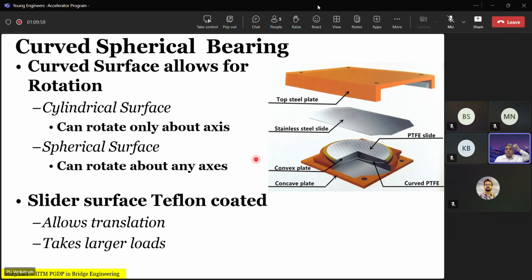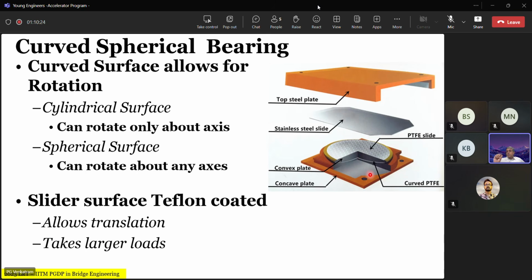axis. Okay, and in spherical, rotation can occur about both axes, and the slider surface is Teflon coated so that you allow translation. This also takes larger loads. It also takes very large load. Why? Because basically you're talking about the bearing stress between steel and PTFE, this curved PTFE and that curved PTFE and steel.